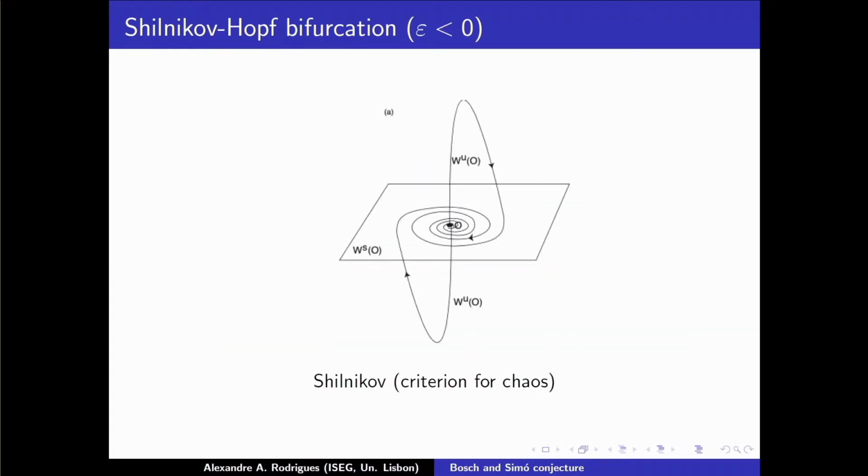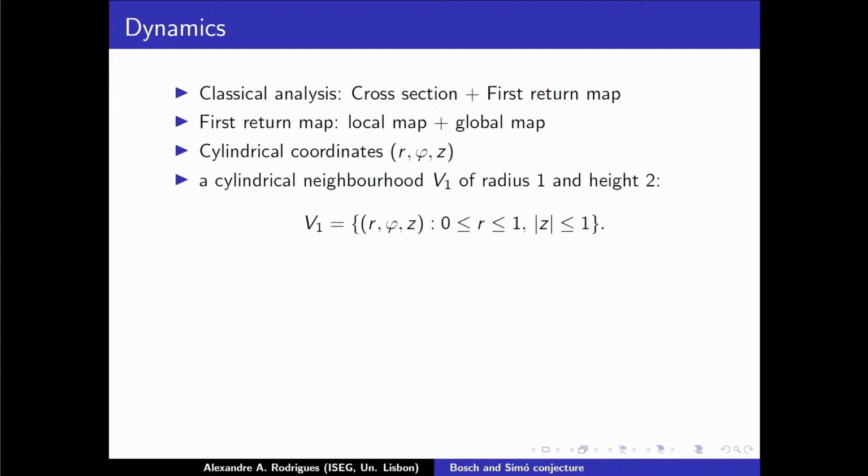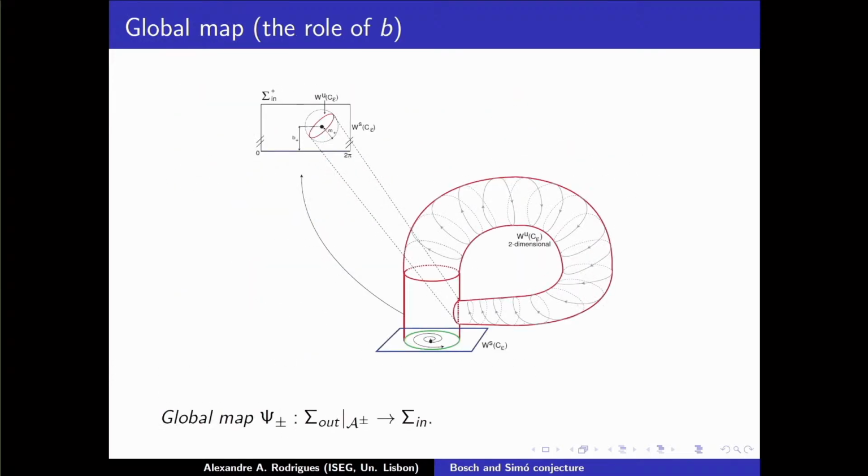B appears here. So B is the height to which the homoclinic connection arrives at the wall of the cylinder, and epsilon controls this bifurcation.